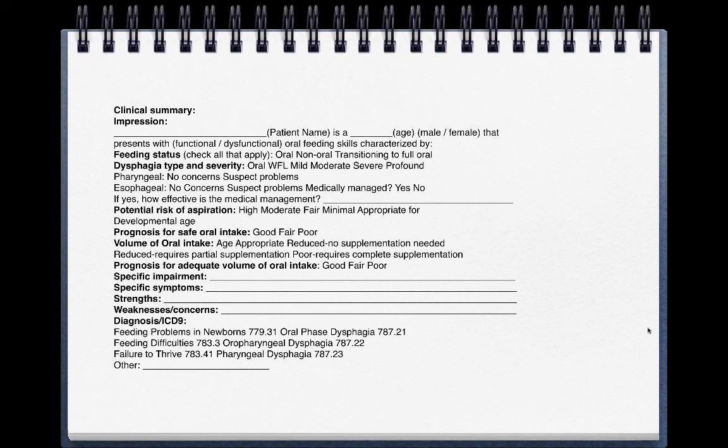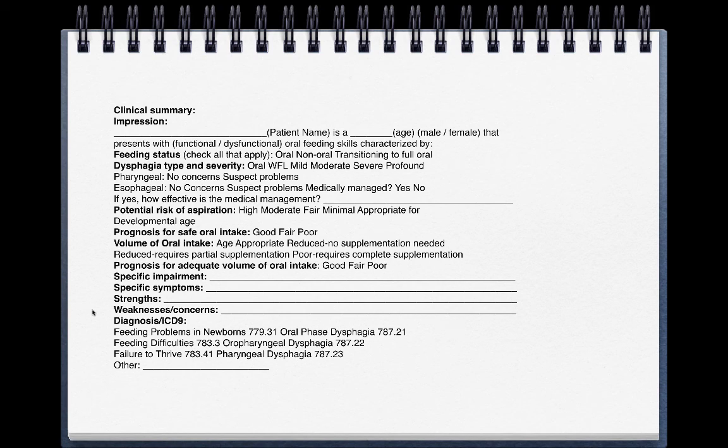You're asked to make a judgment also about how safe the baby is for PO and how much risk you think, as a clinician, there is for aspiration. I included at the bottom here the diagnosis code.